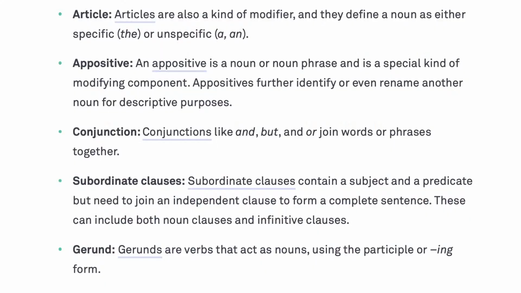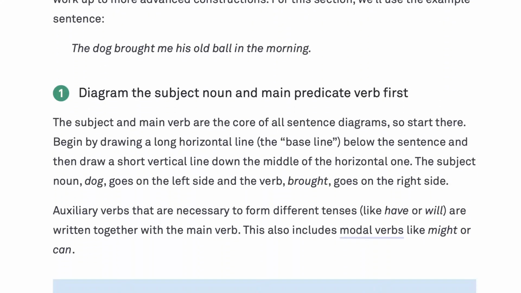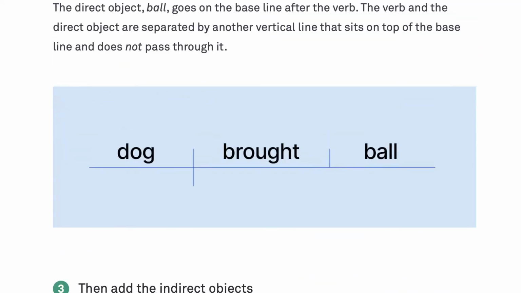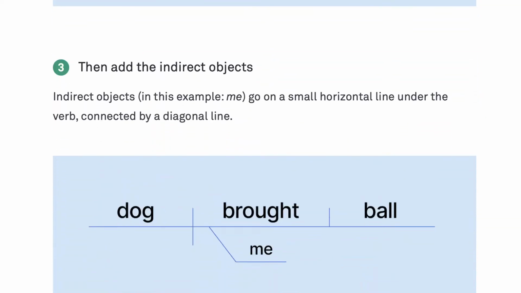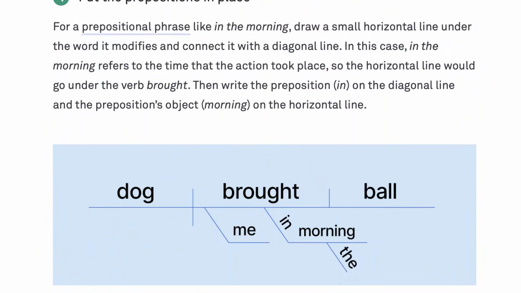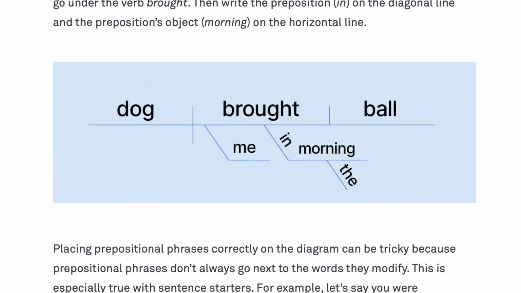When we learn how to diagram a sentence, we do learn all of these extra relatives of our parts of speech. All right? I just want to show you one more thing on this parts of speech. And so you could see there's step 1, step 2, step 3, step 4. There's our prepositional phrase.